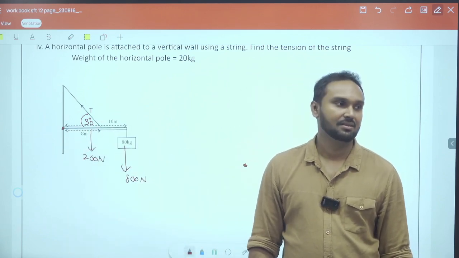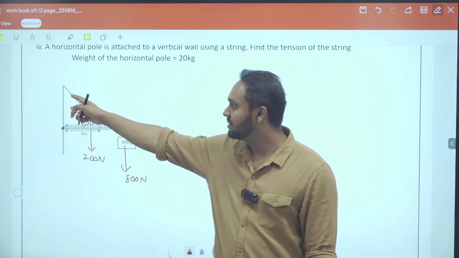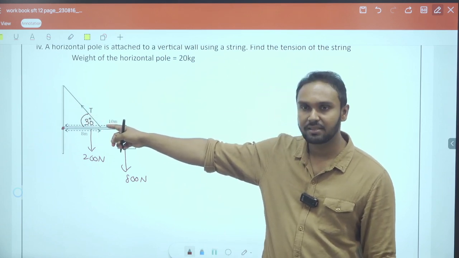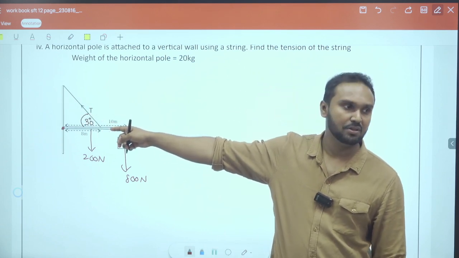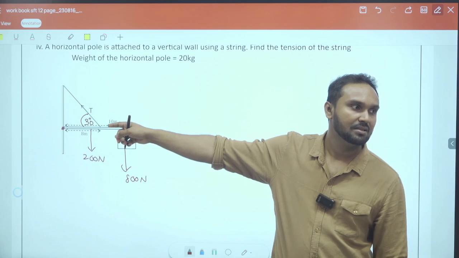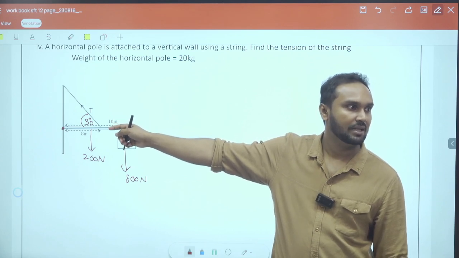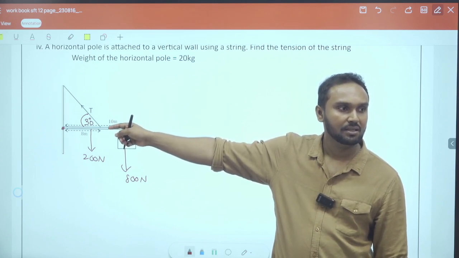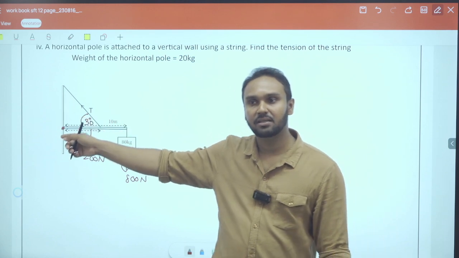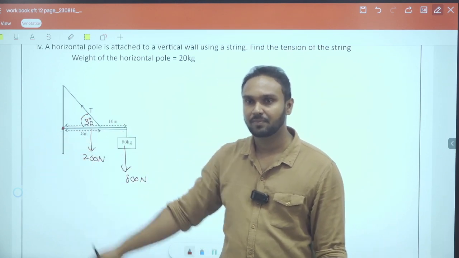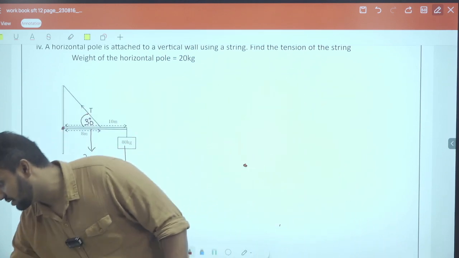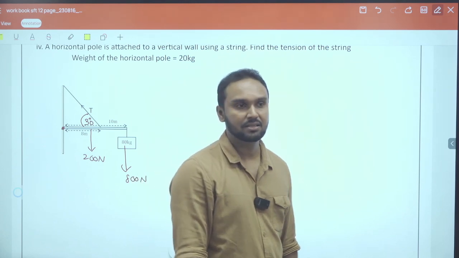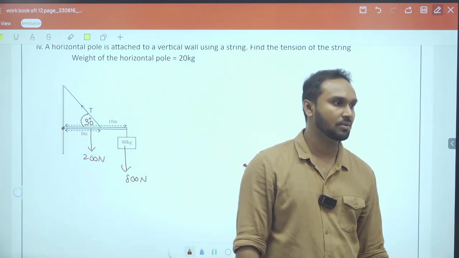No, it's fine, right? So if you have to take the rotations now, how do you take the T value? Break it down. Yes, you can take this T value because it's at an angle of 30 degrees. So when you are taking the moments, how do you take the force and the distance? Perpendicularly, you have to consider that. If the force and the distance aren't perpendicular, you can't take the torque.